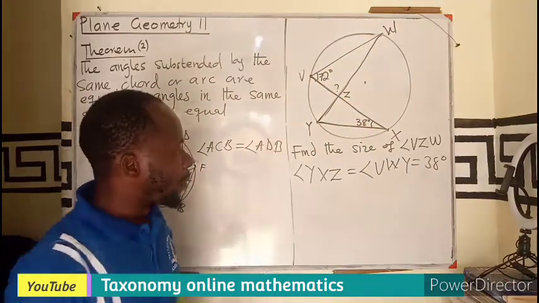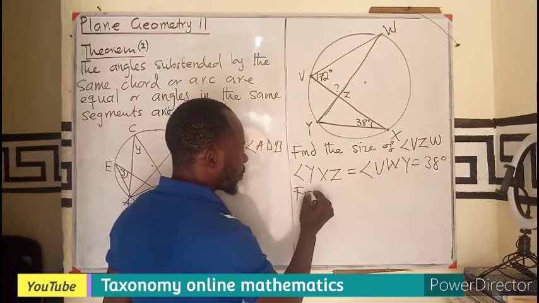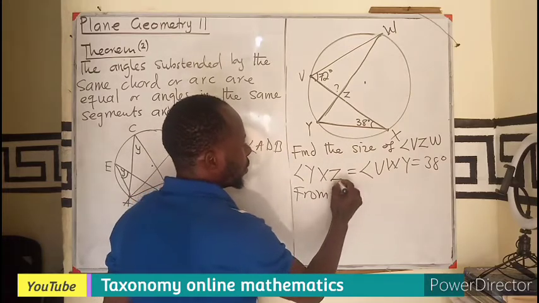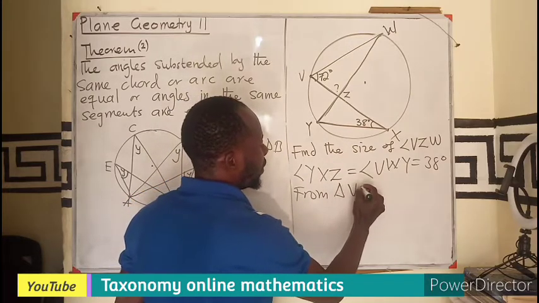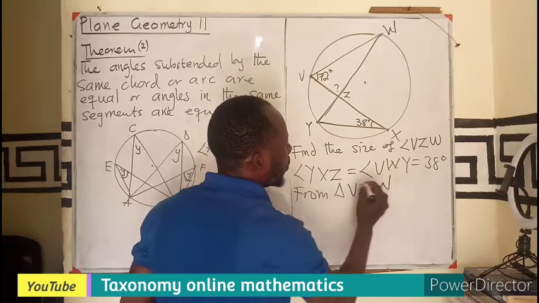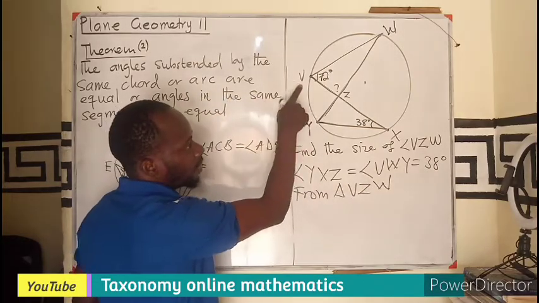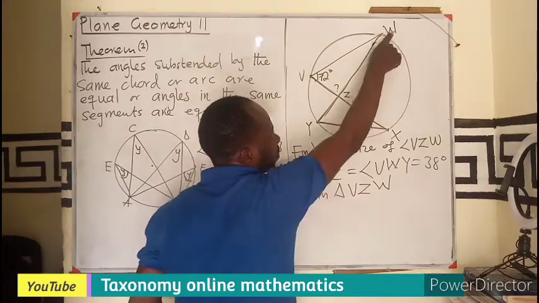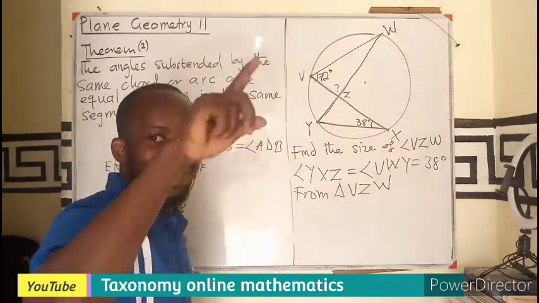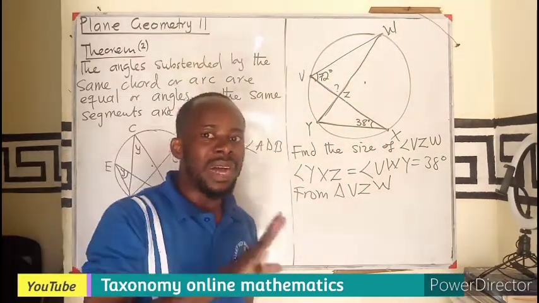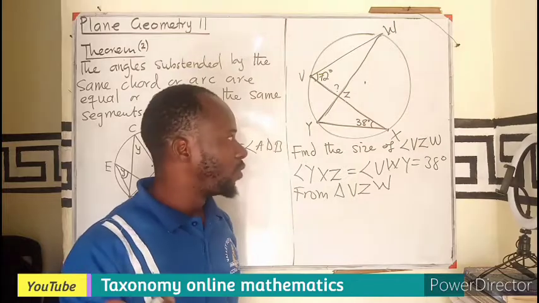Now, I'm going to say that from triangle VZW, we can see that this becomes a triangle. We know that the sum of angles in a triangle adds up to 180, plane geometry.